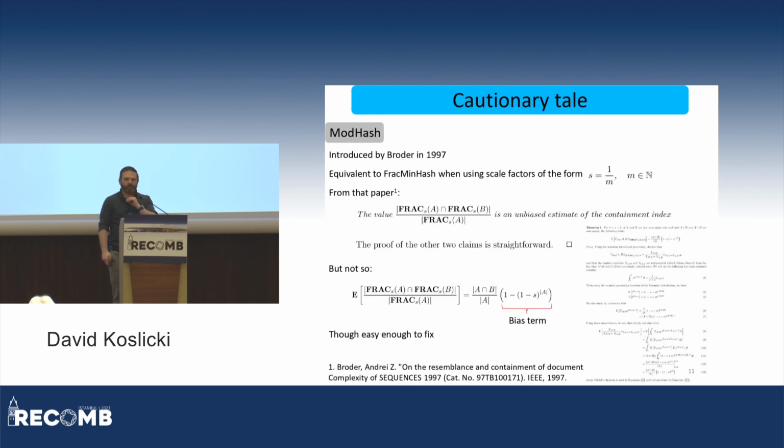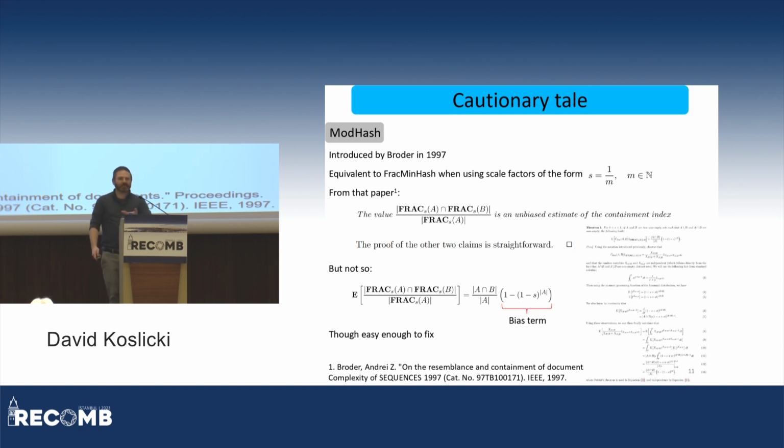Cautionary tale, turns out that FracMinHash is a generalization of a hashing technique called mod hash that was introduced in the late 90s. Basically, it's one that uses a scale factor that's 1 over a natural number. From that paper, using modern notation, there was a claim that said this expression is an unbiased estimate of the containment index. And then you go look at the paper, and the proof says, the proof of this claim is straightforward.